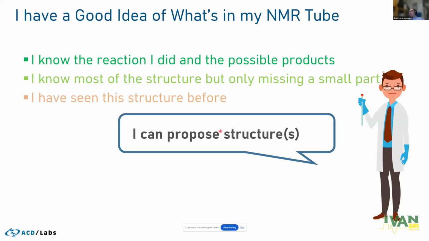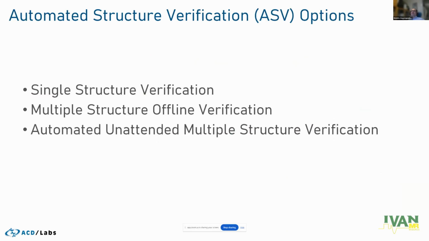So this whole process can be done on a small scale, so just a chemist going and submitting a sample and recording it, or it can be done through bigger environments like open access labs or high throughput experimentation setups. And in the end, you have to distinguish 3 possible options for automated structure verification.